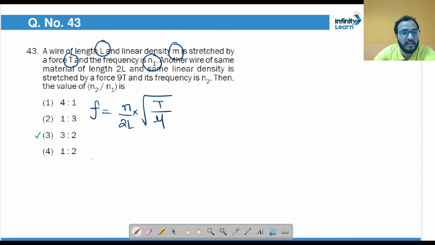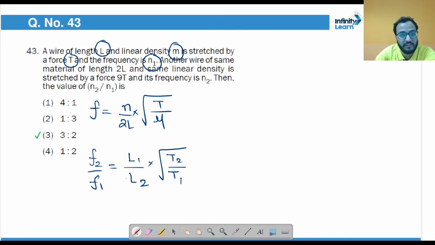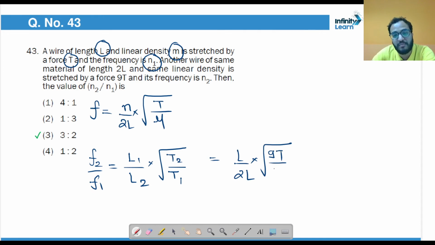So F2 upon F1 will be equal to L1 upon L2 into root over T2 upon T1, right? Everything is given, put the values, get your answer. L1 by L2 is what? L upon 2L, into T2, how much? T2 is 90 upon T. So the answer is 3:2.